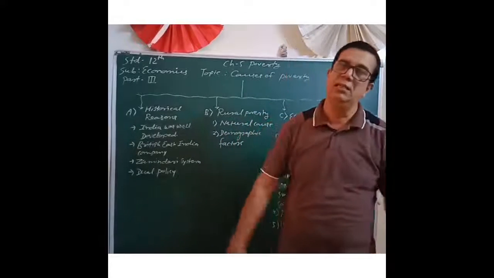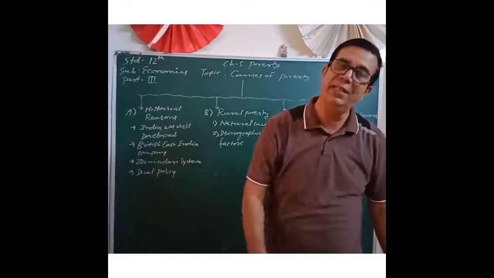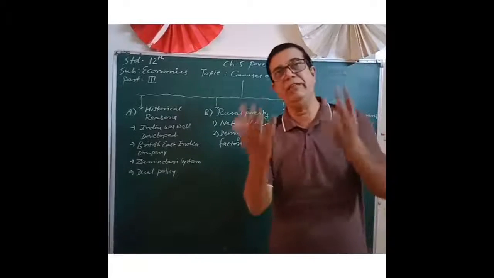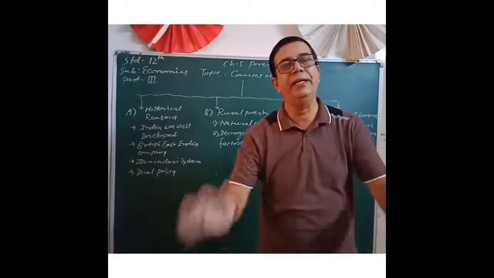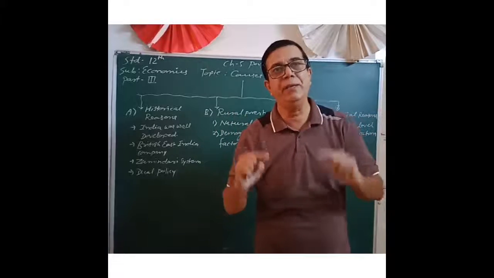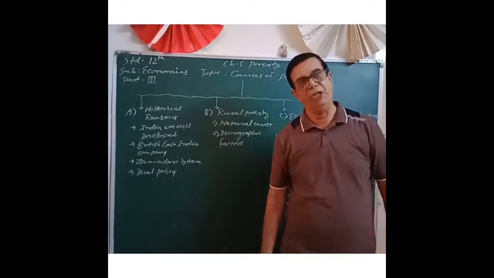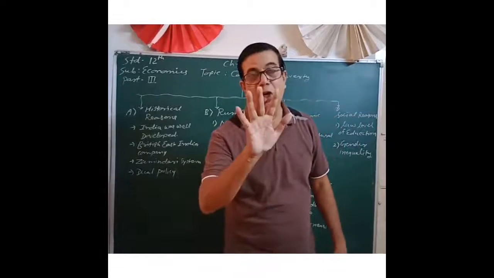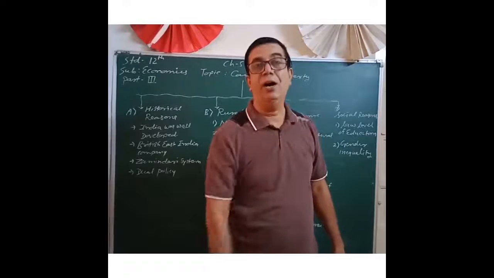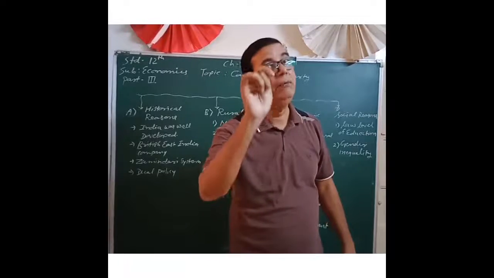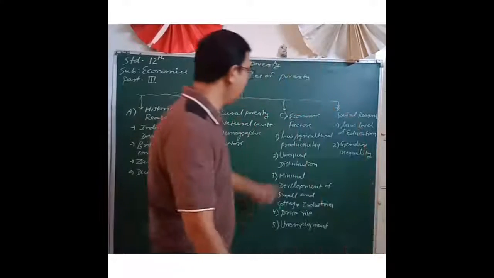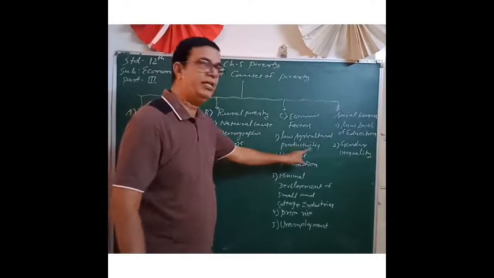And that's why the productivity of the land is low. If the productivity is low, then their income is less. If their income is less, then they can't satisfy their primary requirement, and because of that, they are living below the poverty line, or they face the problem of poverty. So the first one is low agriculture productivity.